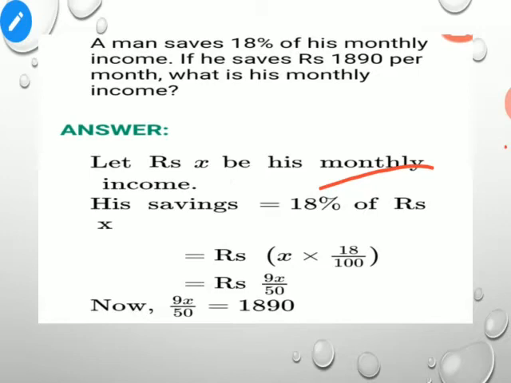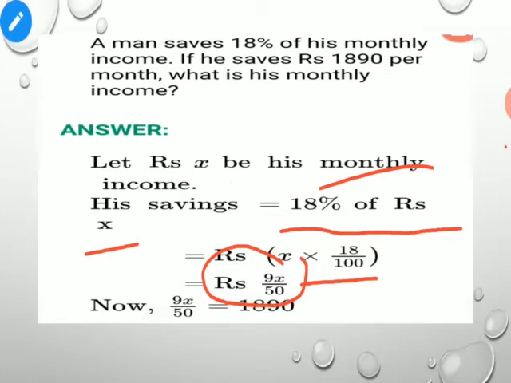So let us consider that his monthly income be x. Now according to the question, it's given that 18% of his monthly income. So you will consider 18% of his income, and when you solve, remove the percentage sign. So 18 upon 100 multiplied by x, and this will be equal to 9x upon 50.